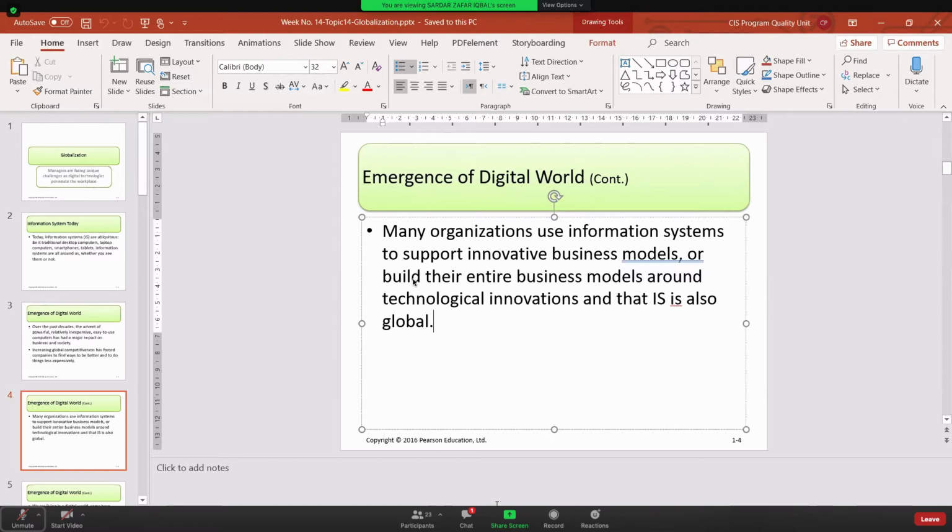We have seen there are so many new types of businesses nowadays which we could not have thought of 20 years ago, because there was no fast internet and no other devices available. So the digital world has really changed the thinking, and business organizations are now focusing on these kinds of things.